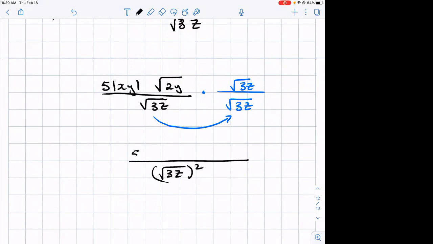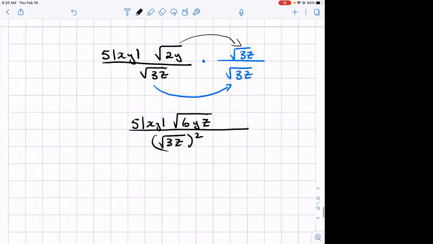And the numerator, we have 5, the absolute value of xy, and if you multiply this root times that root, you get the root of 6yz, because 2 times 3 is 6. Remember, the radicals, we can multiply them.